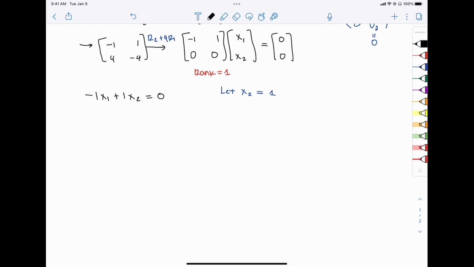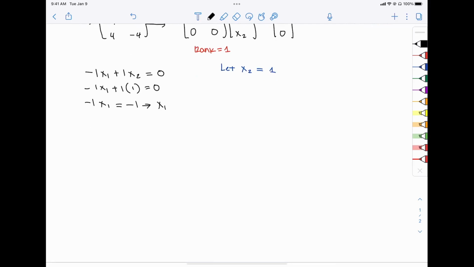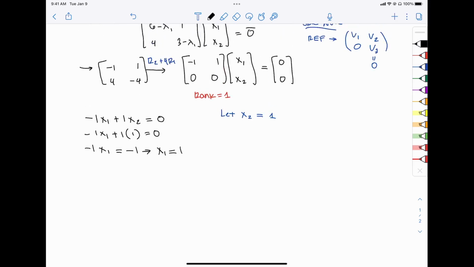But we said that x2 just equals 1. Okay, so now we get that negative 1 times x1 equals negative 1. Or x1 just equals 1. Okay, perfect.